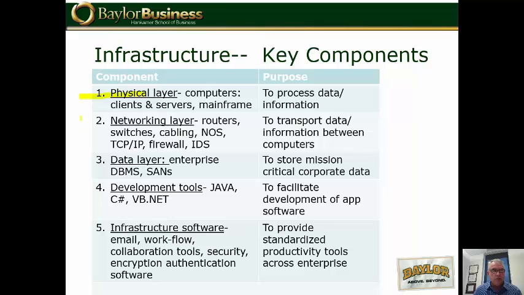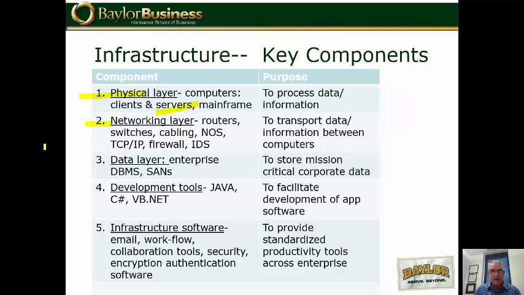You all at your desk work off of clients. So a client computer requests programs or data or network services from the network, and the servers are computers that deliver those programs, data, or network services back to the user. So you have the physical layer.